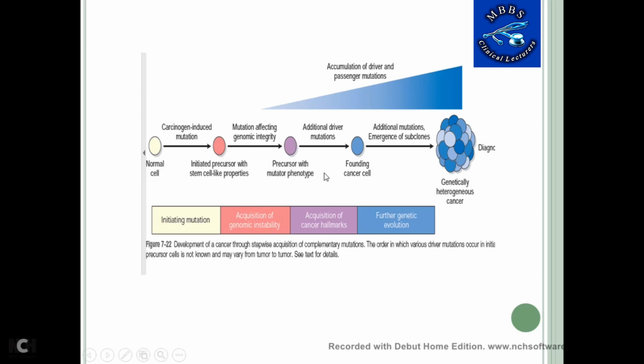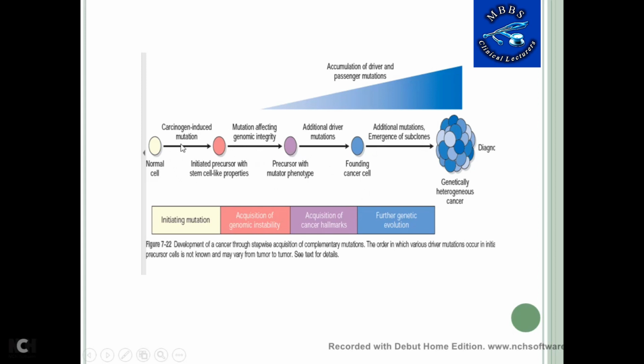And then after the genomic instability, these cells acquire further mutations, that is, they acquire driver mutations. Driver mutations are those which lead to cancer formation. So there is acquisition of cancer hallmarks, and then there are additional mutations which occur.